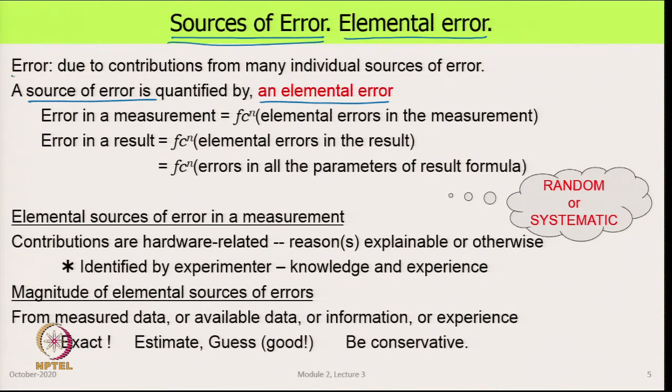So, the total error, we are now breaking it up and saying this has come from many individual sources of error, and all of them in some way contribute to the error in the measurement. And now we are going to be looking at these, which is what we call the elemental sources of error.